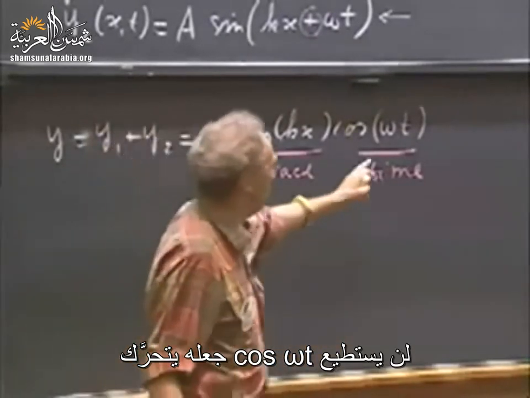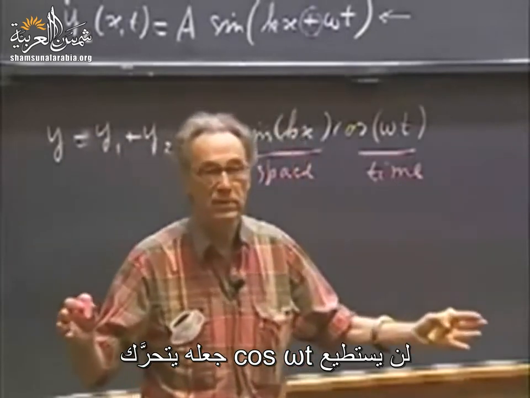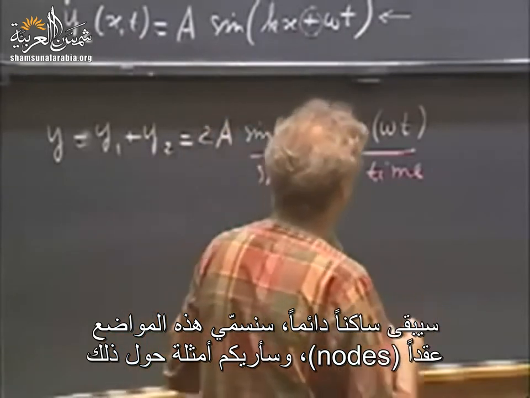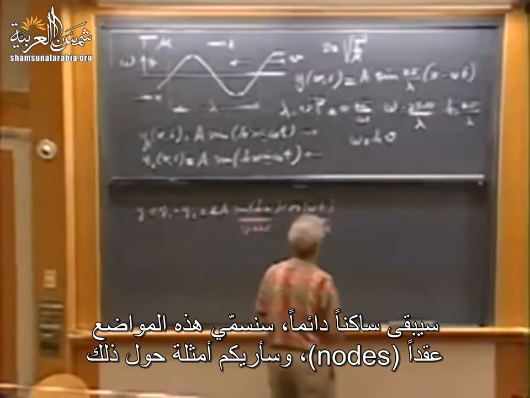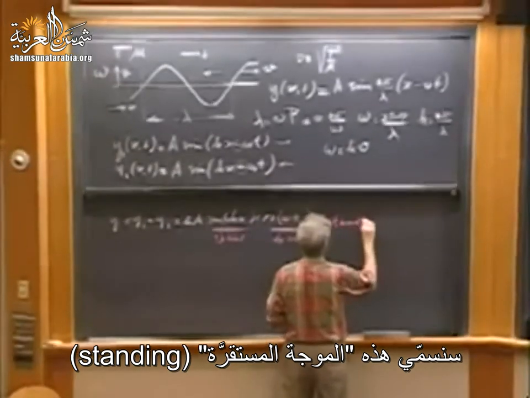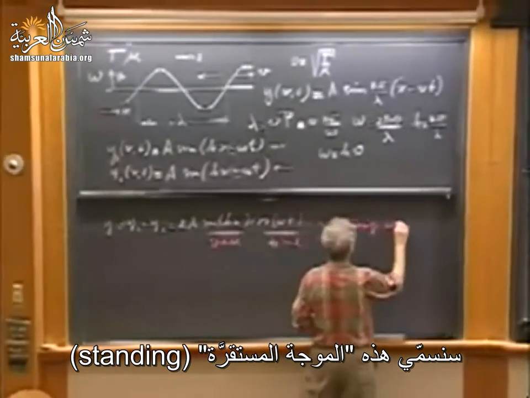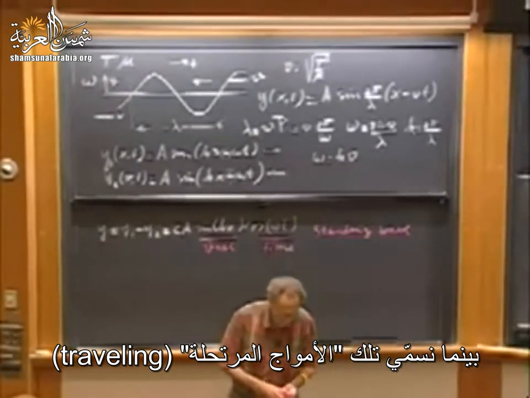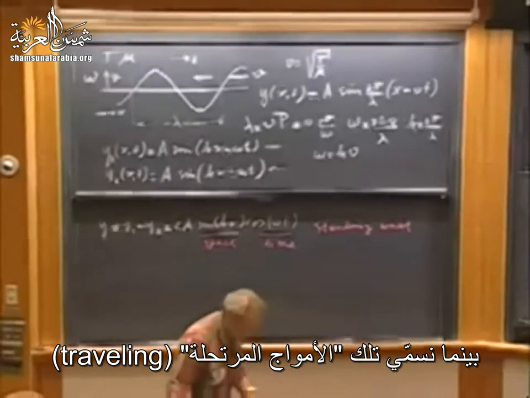The cosine omega t could never make it move. It always stands still. We call those nodes, and I will show you, of course, some examples. This has a very nice name. It's called a standing wave. Whereas those that I have there, we call traveling waves.